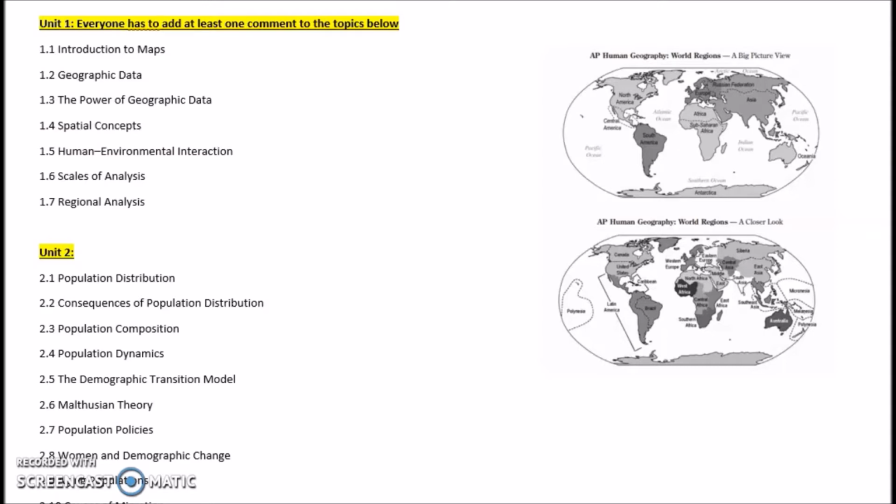Geographic data, you could add in GIS or maybe remote sensing, GPS, something that relates to the course, something we've studied, anything that you might be asked to apply on an FRQ in the test.